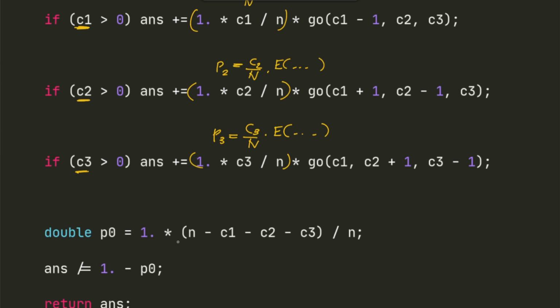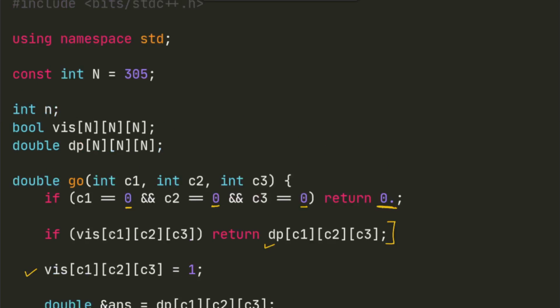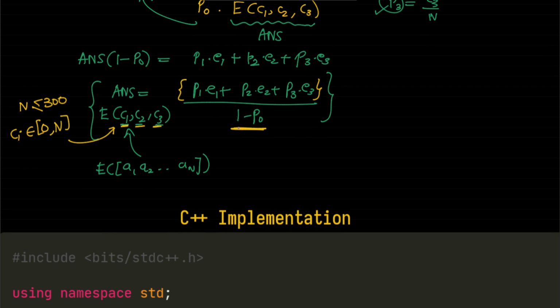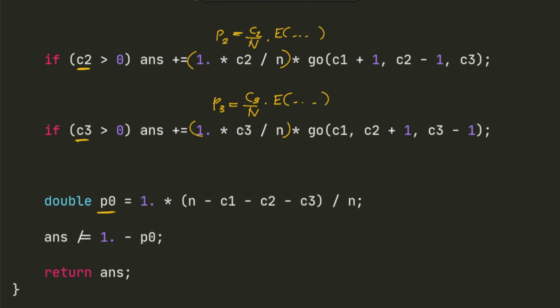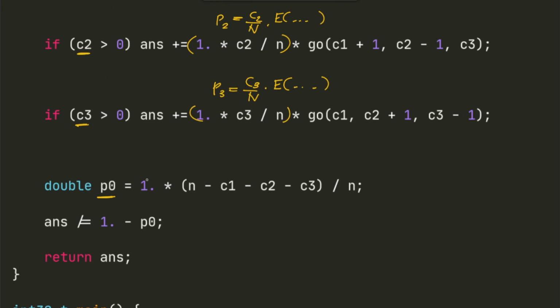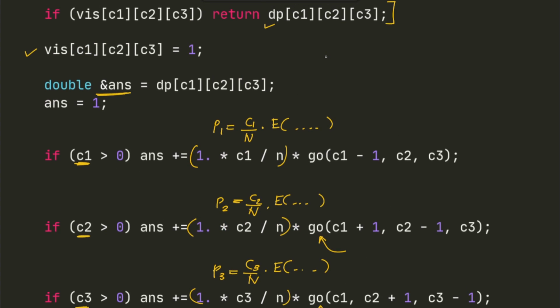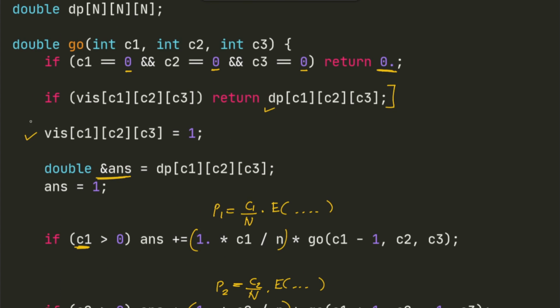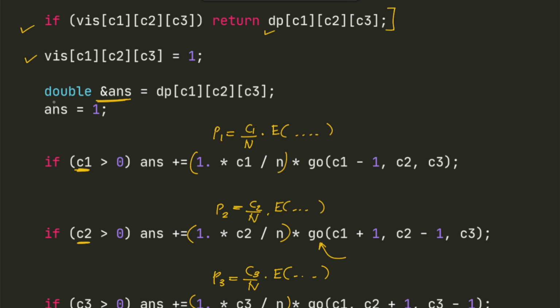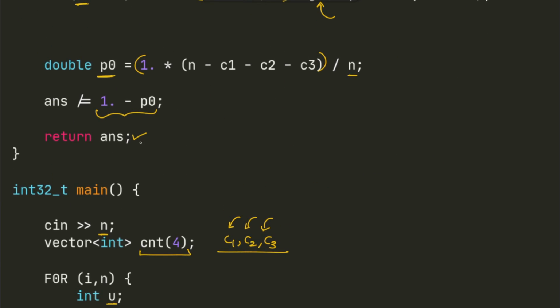After that we will need to find out the probability for p0, which is the denominator. This will be n minus c1 minus c2 minus c3 whole divided by n, as you saw in the formula, and we will divide the answer by this amount. This will be computed recursively, and we are going to memoize the answers in a top down manner and return the answer from this function.